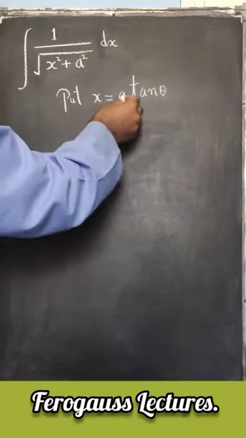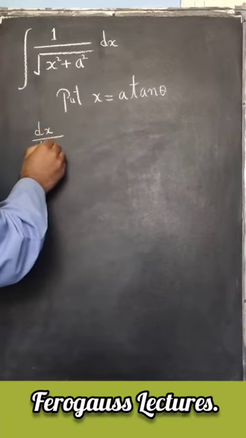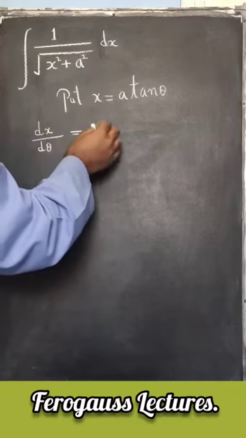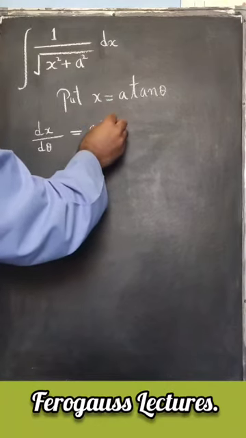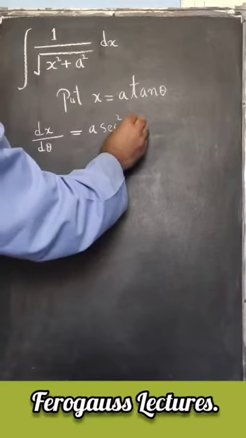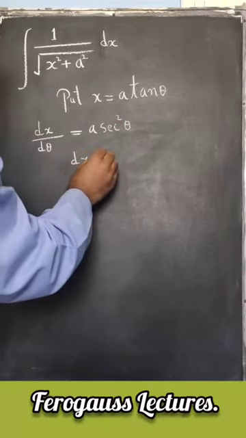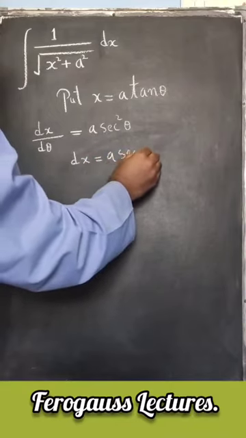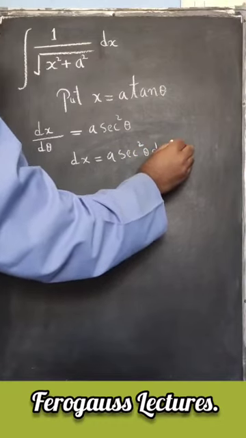Now differentiating x with respect to theta, we get dx by d theta is equal to, a is constant and differentiation of tan theta is secant square theta. Or we can write dx is a secant square theta d theta.